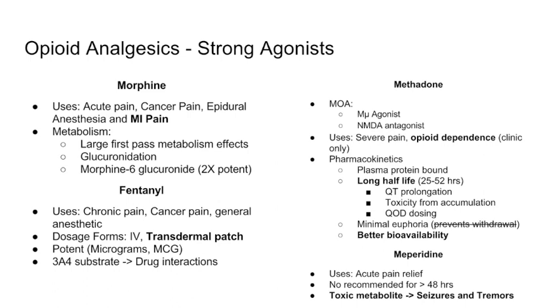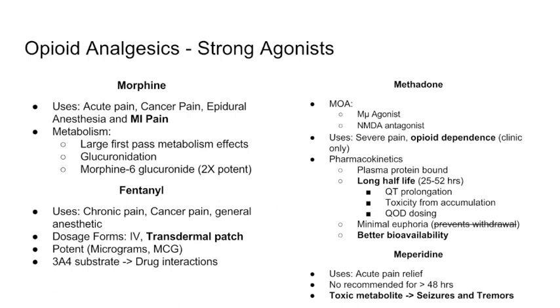In addition, when it's metabolized, it can be metabolized into morphine 6-glucuronide, and that metabolite is actually twice as potent as morphine itself. And as we talked about before, all of the side effects, the mechanism of action, interactions from that first summary slide all apply to morphine. So now that you know how an opioid works, if you just remember morphine is one of them, it can also be used for heart attacks, you sort of have it all wrapped up.